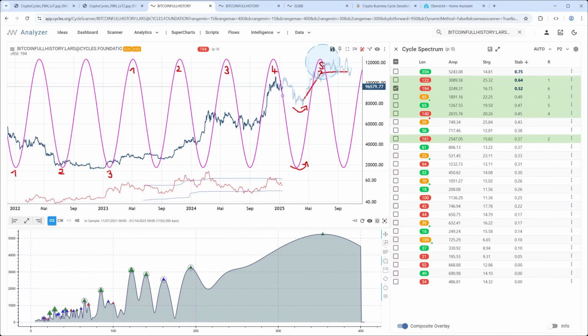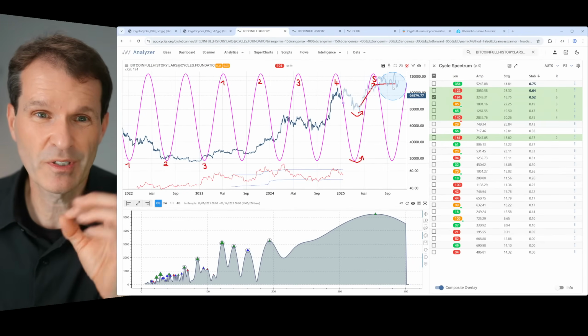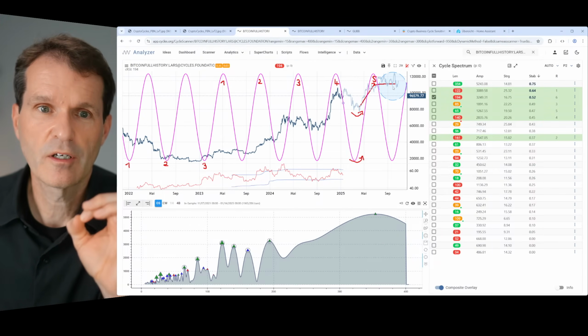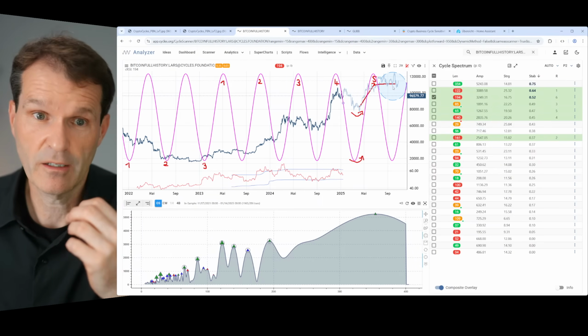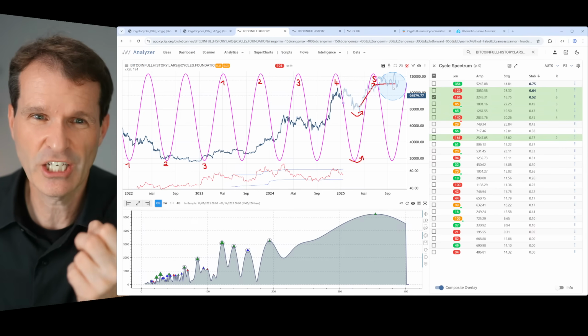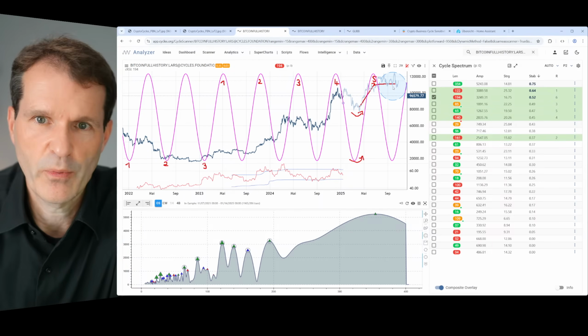The expected downswing of that cycle worked out in a way that it stopped the previous up move in Bitcoin. Stopping that strong up move and then moving sideways is a valid downward phase in that cycle, because again, we cannot predict the magnitude of a move, but what cycles are for is to predict a change in trend. Going from an uptrend to a sideways move is exactly what happened at that point in time.